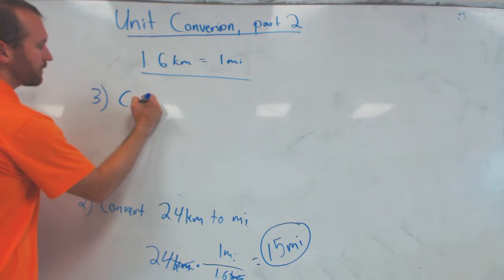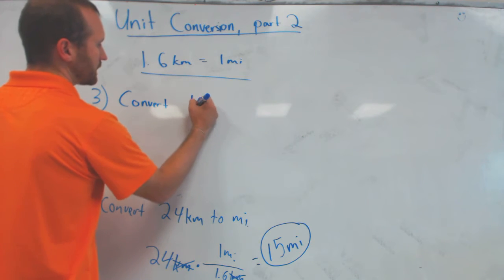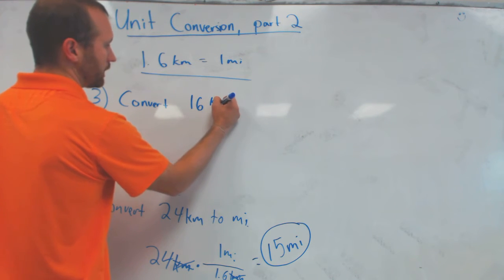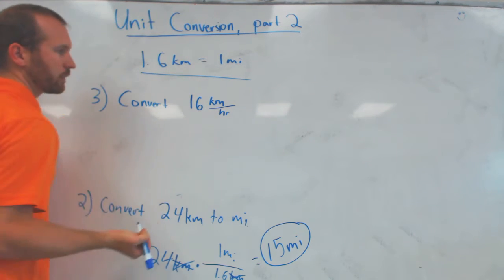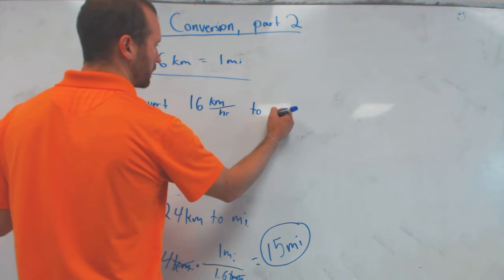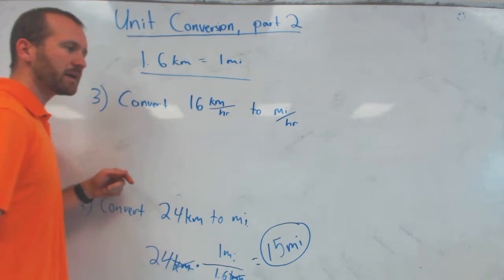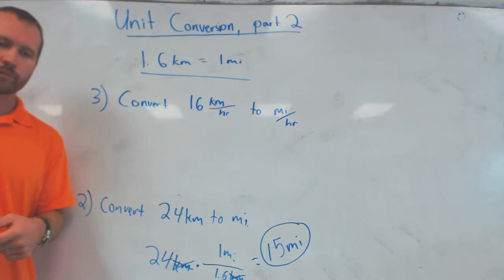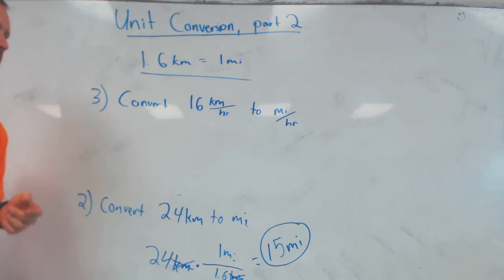I'm going to say convert 16 kilometers per hour to miles per hour. Convert 16 kilometers per hour into miles per hour.